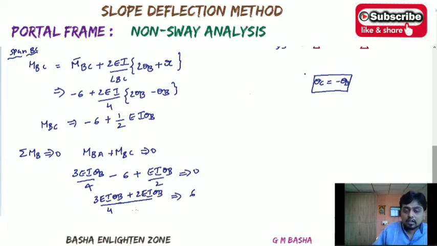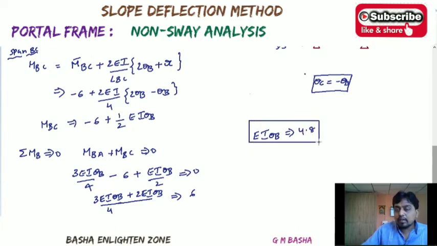So like that, send this one to this side, 24 divided by 5. So finally if you simplify, you will get EI theta B value, which will be equal to 4.8.